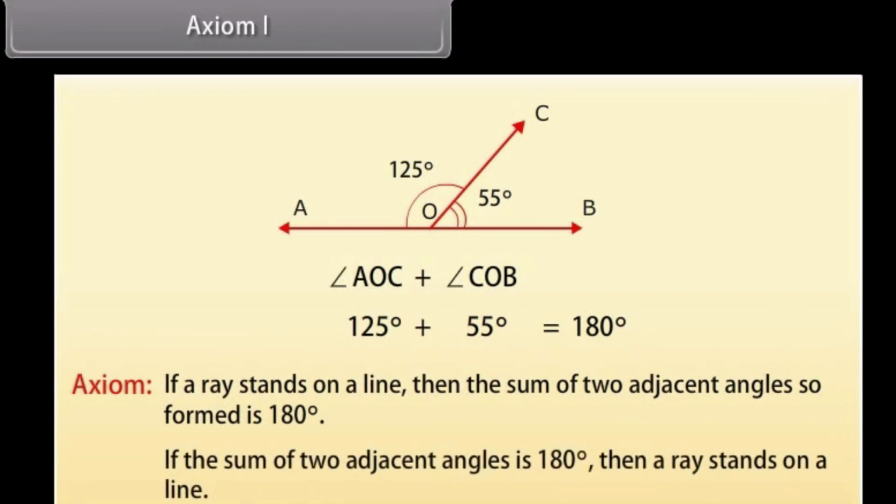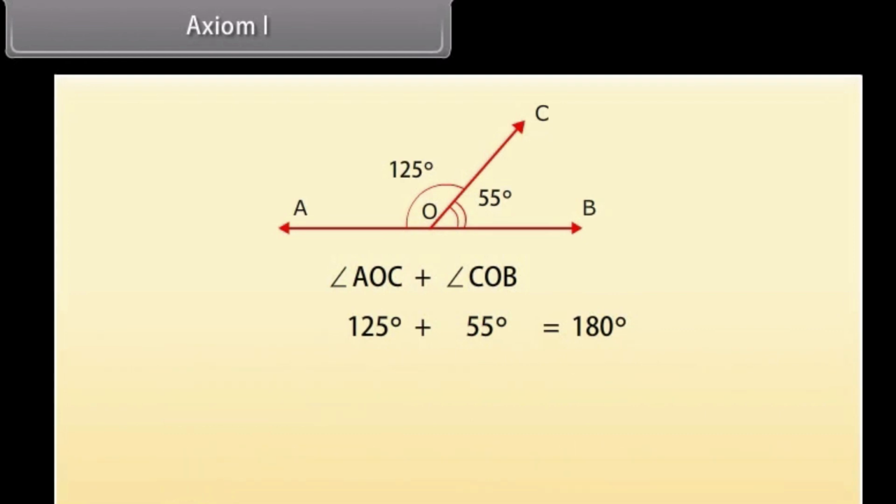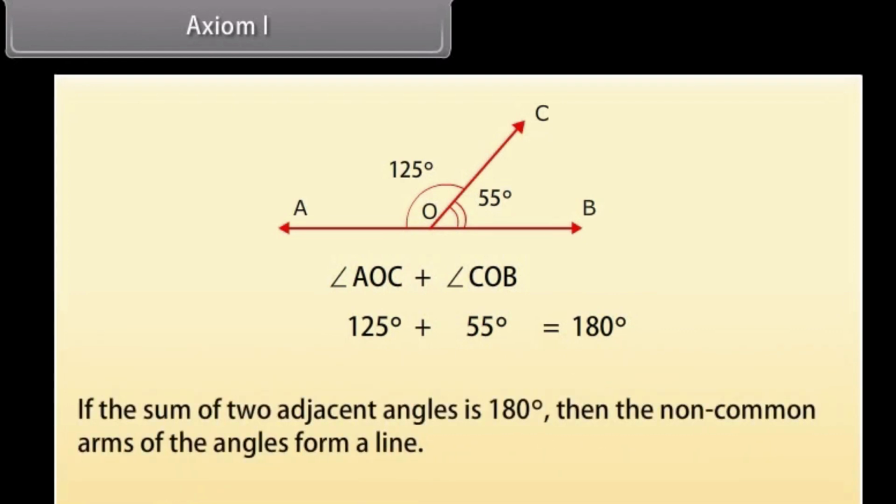And we can state it in the form of another axiom, which is, if the sum of two adjacent angles is 180 degree, then the non-common arms of the angles form a line. Axiom 2.